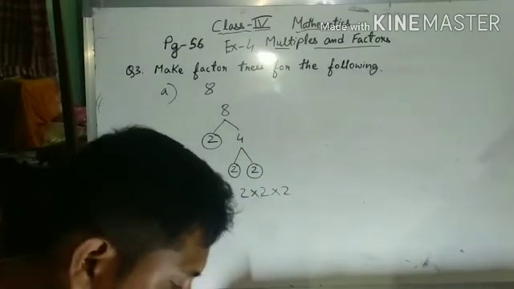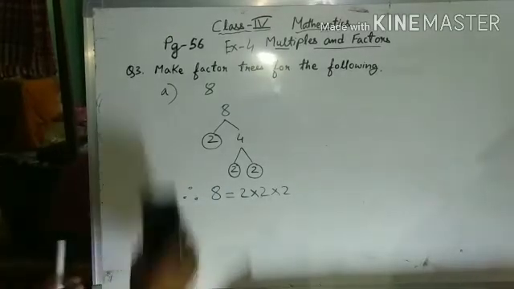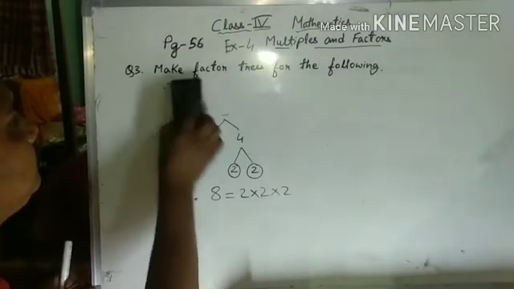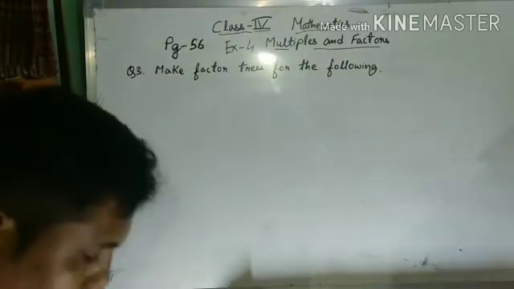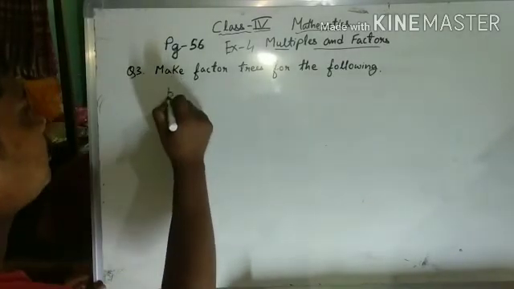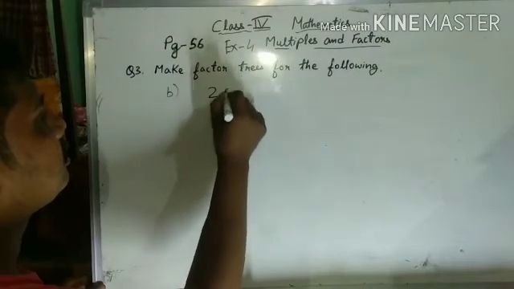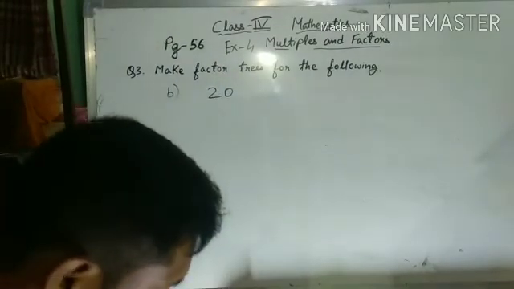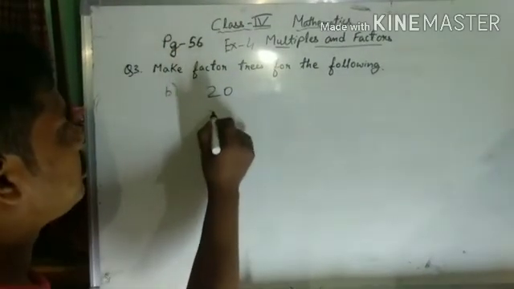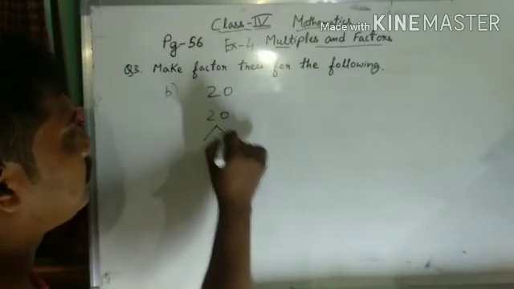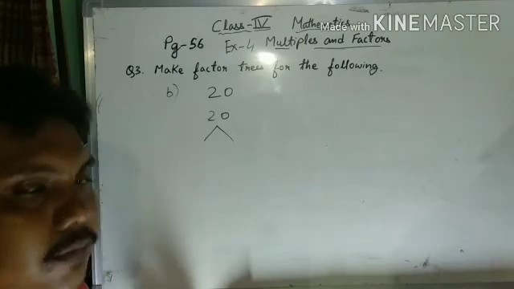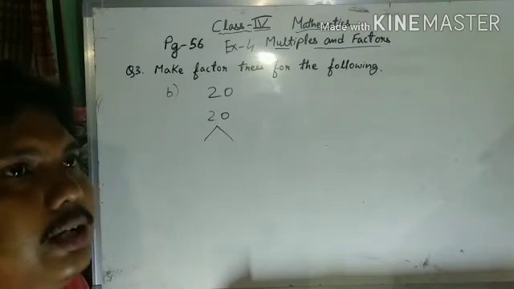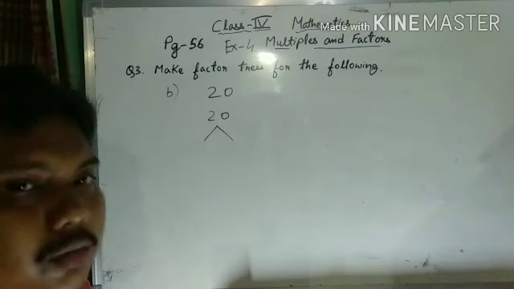One more question I will show you. Number B is 20. For 20, you can write 2 tens are 20, you can write 5 fours are 20, you can write 10 twos are 20, 4 fives, anything you can write, but not 1.